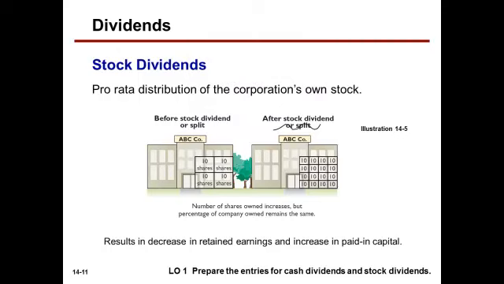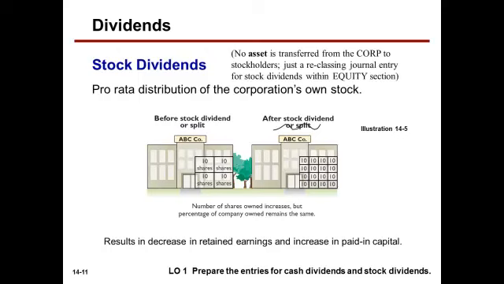It's important to note that no asset is transferred from the corporation to stockholders when a stock dividend is declared. It's just a reclassing journal entry for stock dividends within the equity section. Again, moving dollars from retained earnings into the stock and additional paid-in capital accounts. Journal entry only.